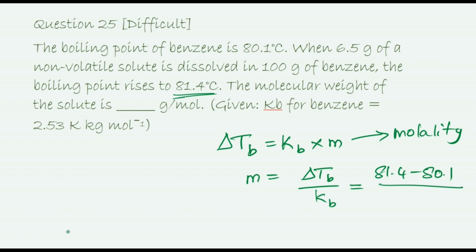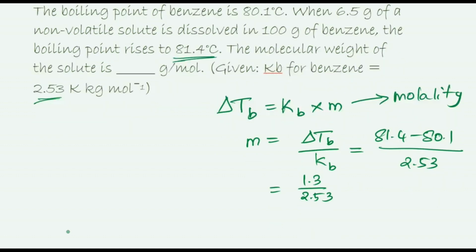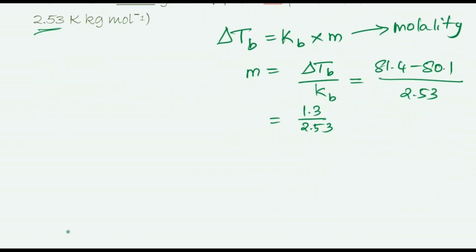The Kb value they have given, that is 2.53. So 1.3 divided by 2.53 will become 0.5138 mole per kilogram. That is our molality.